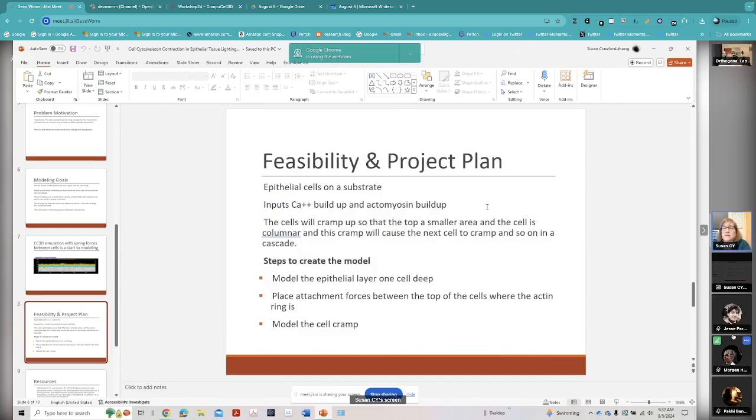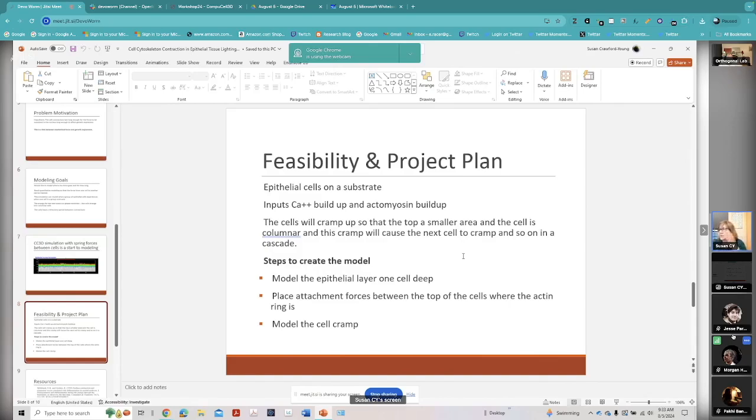So what do we need? We need epithelial cells on a substrate. You need calcium buildup and actomyosin buildup. And then you need to add ATP, of course. So the cells will cramp at the top to make the area of the top of the cell smaller and make the cells into a columnar type cell.